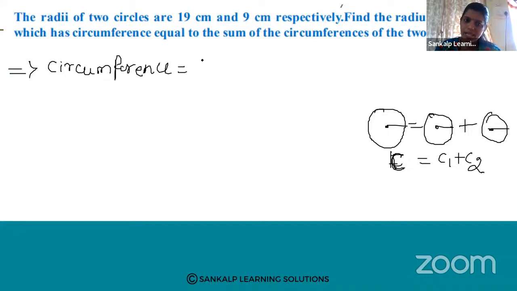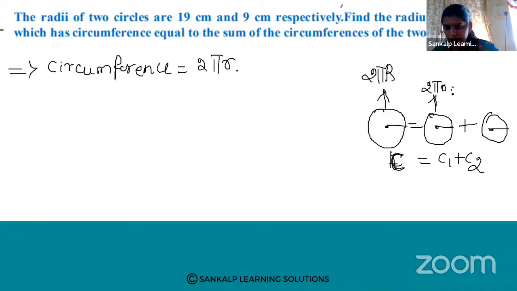So I will consider this big circle as 2 pi R, and this is 2 pi r1, and this is 2 pi r2. Okay. So consider this radius is r1 and this radius is r2 and this radius is capital R.